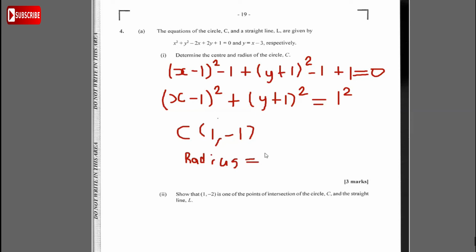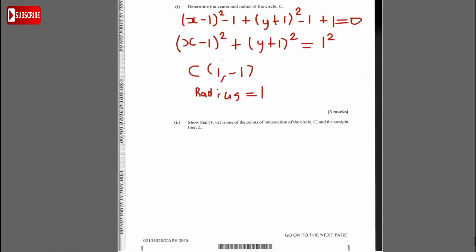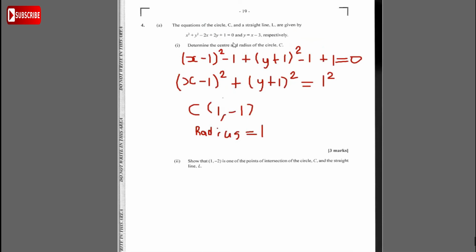Now it says show that (1, -2) is one of the points of intersection with this line. Now to show that it is a point of intersection, you don't need to solve this equation. If (1, -2) is a point of intersection of the circle and the straight line, then it satisfies both the equation of the circle and the straight line.